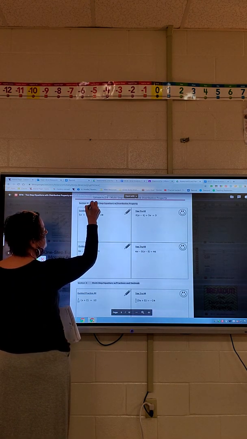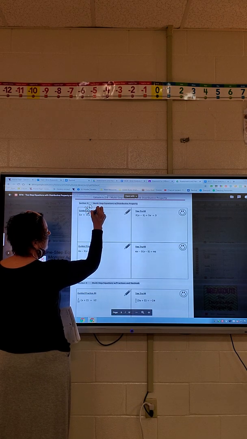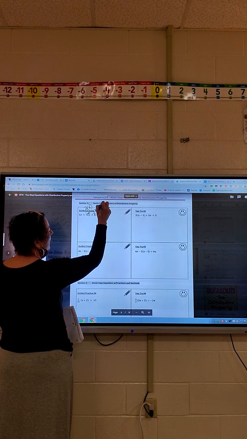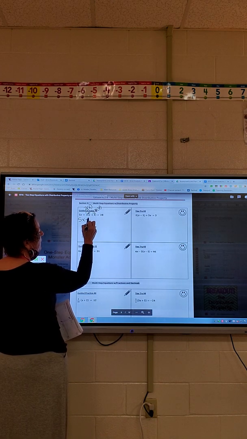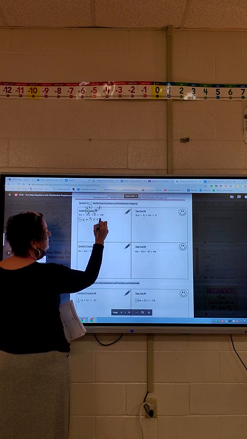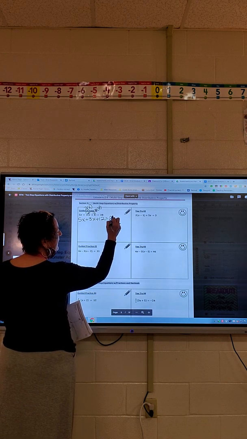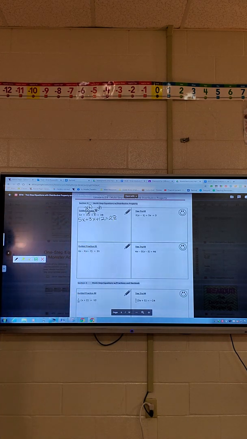This is 3 times x. And this is 3 times 4, right? So what do I have? I have 5x plus 3x plus 12 equals 28. Do you see how I got that? Any questions about that? No?